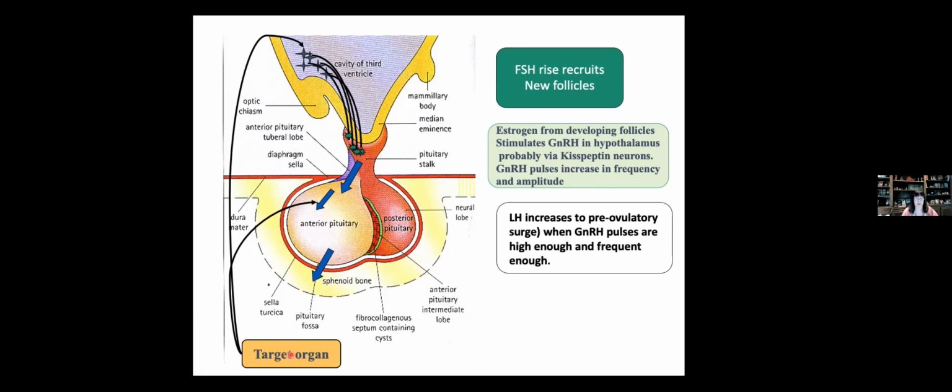And it may take about 15 days, something like that, for us to get mature enough. But the estrogen is the signal for that. And then once they are mature enough, the LH will come out in a big surge. It increases to a surge. And this surge then stimulates ovulation of the mature follicles.